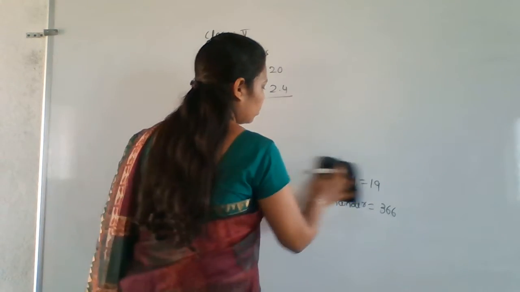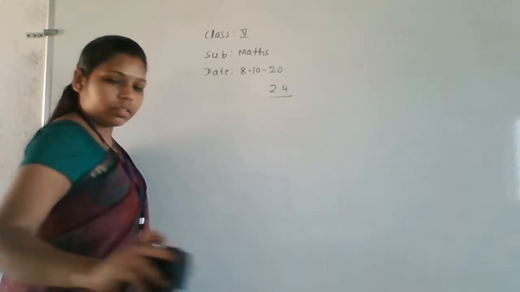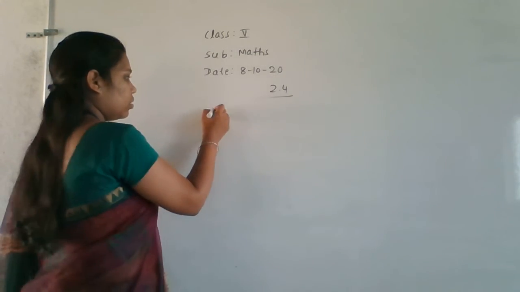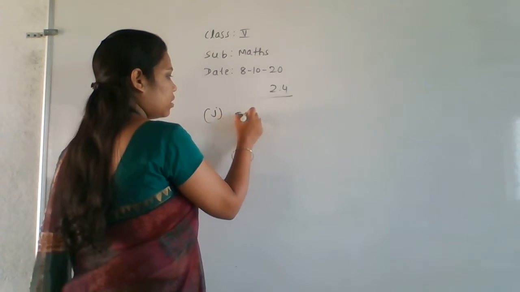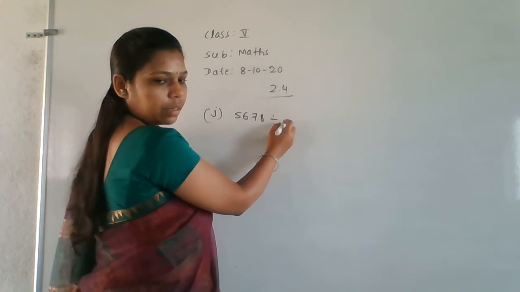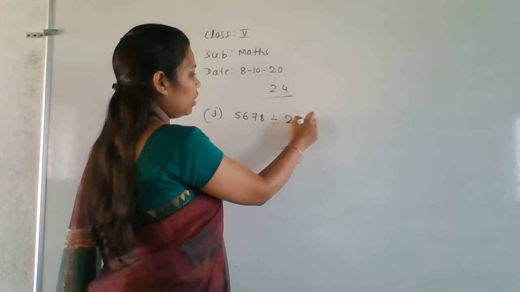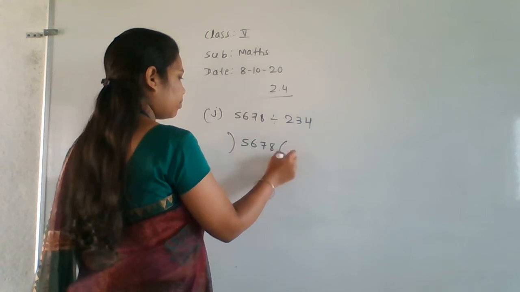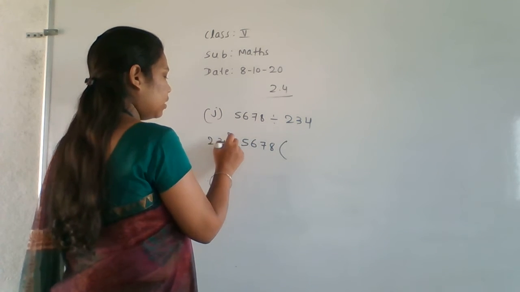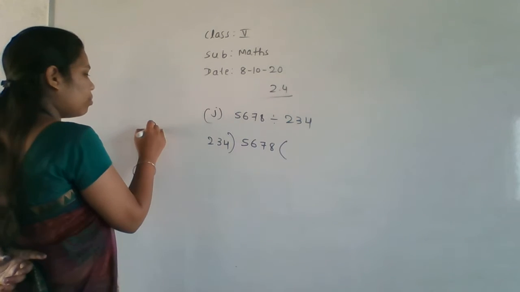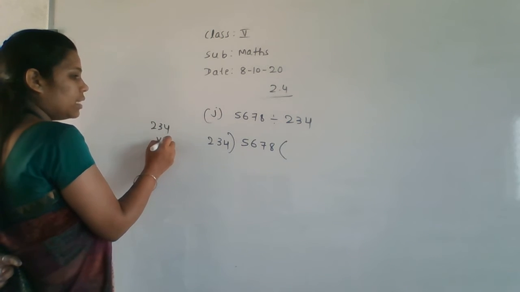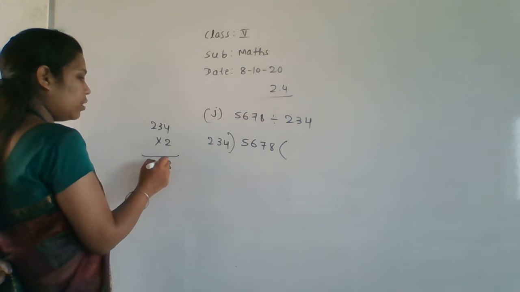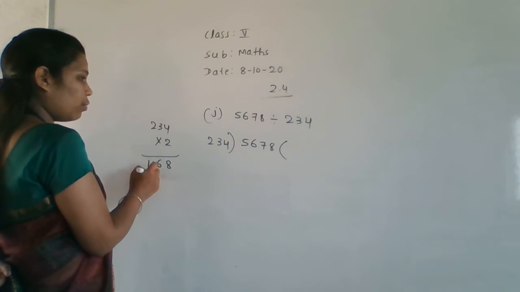J one. 5678 divided by 234. Divide here. Now multiply by 2. 2 4s are 8, 2 3s are 6, 2 2s are 4.